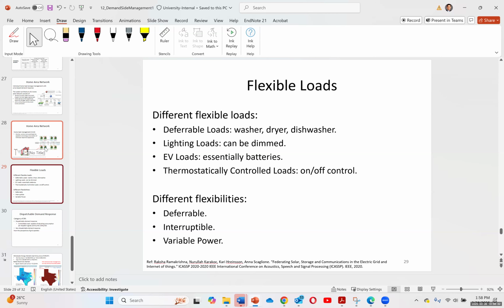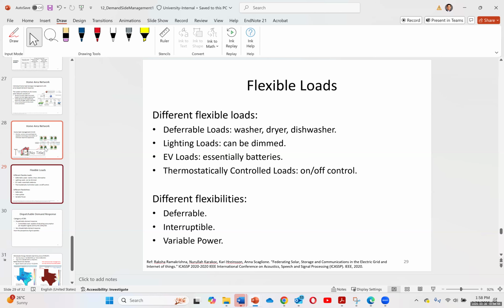Deferrable loads are like washer, dryer, or dishwashers. You can turn them on at an alternative time of the day. We have the lighting loads. They can be dimmed. We have the EV loads, or essentially batteries. They could actually be used two ways. New EVs have a two-way system. They can actually provide energy back to your home during peak hours.